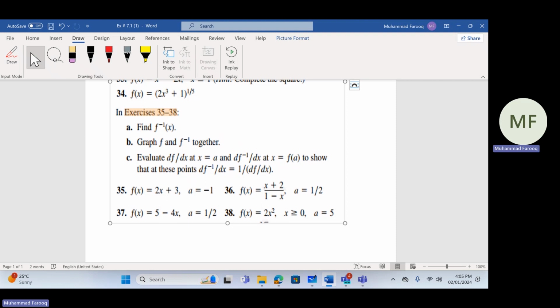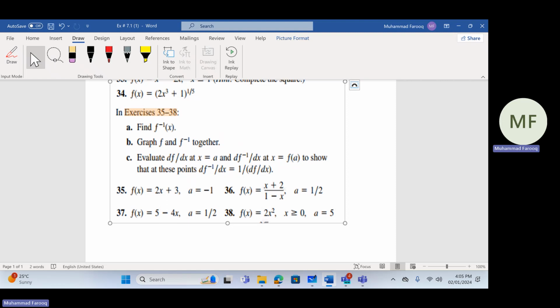So what do we do? First we take the derivative of the given function at the given point A. When we get the answer, we put the point. What is the next calculation? We need the inverse function derivative at which point?